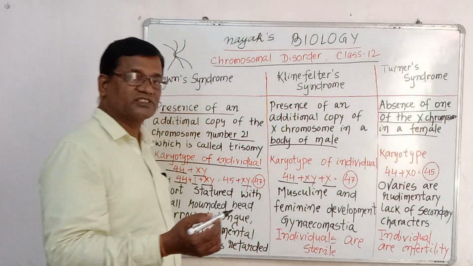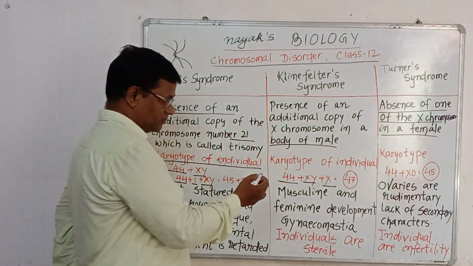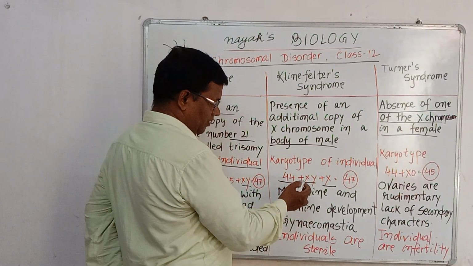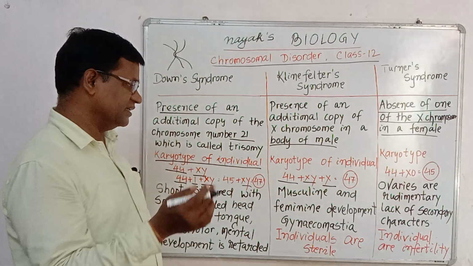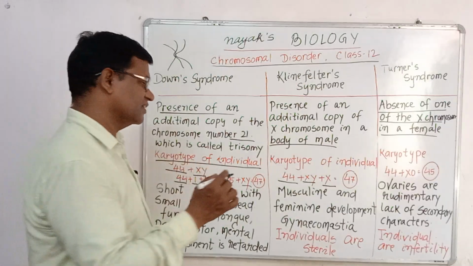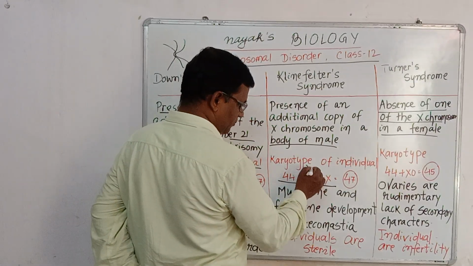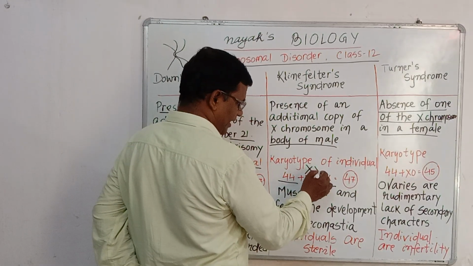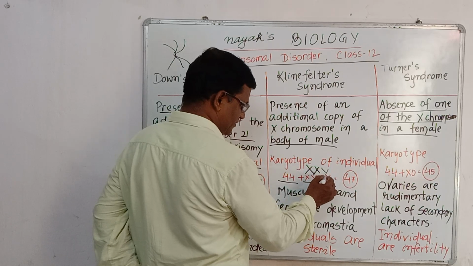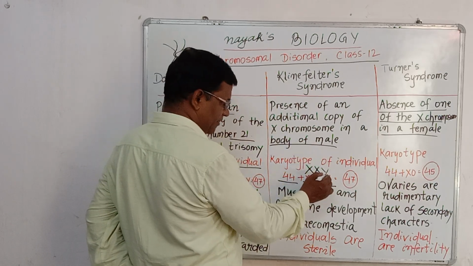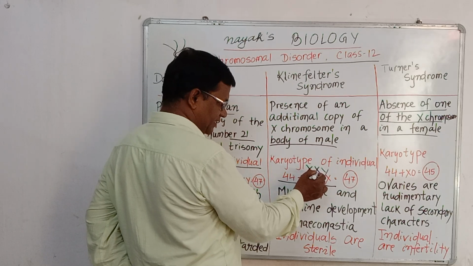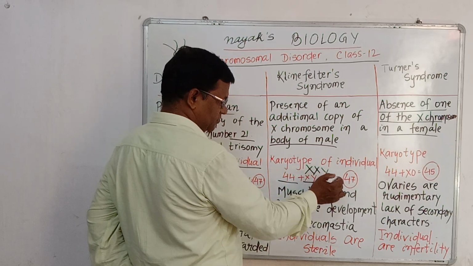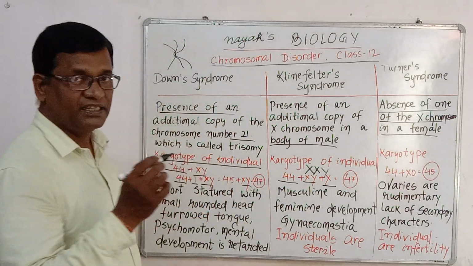We added one more X chromosome. What is the total number of chromosomes? 44 plus XY is the genotype. In total it is 47. What is the chromosome genotype? 44 plus XXY, because a male having one more X chromosome with 44, the total number of chromosomes is 47.